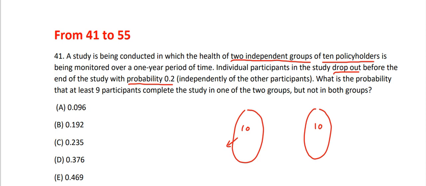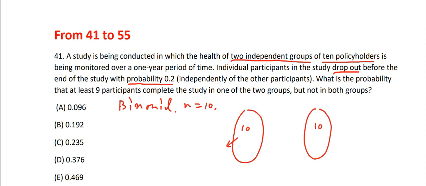For each person, he can either drop or not drop. So we say the number who drop is binomial distribution, with n equal 10, drop is 0.2, so stay is 0.8.